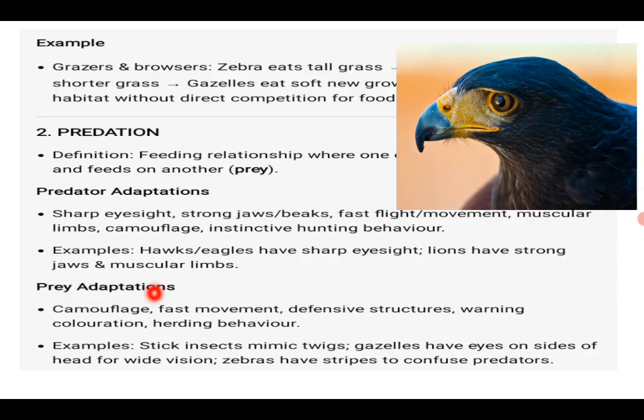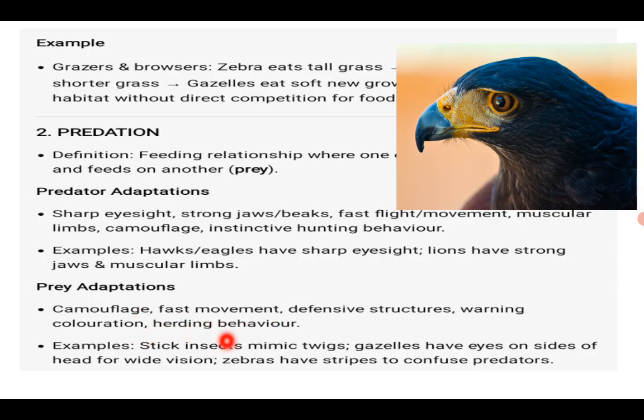Prey adaptations. The organisms that are prone to being killed and eaten have certain adaptation features in order to escape from their predators. Such adaptations include camouflage, which is change of color according to environment, moving fast, defensive structures, warning coloration, and herding behavior.